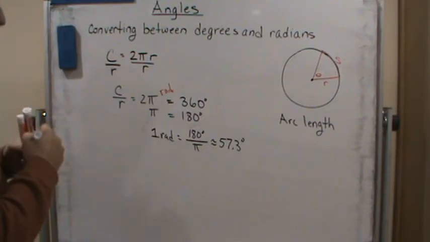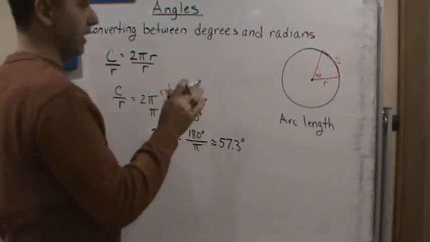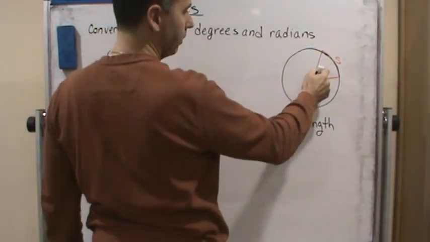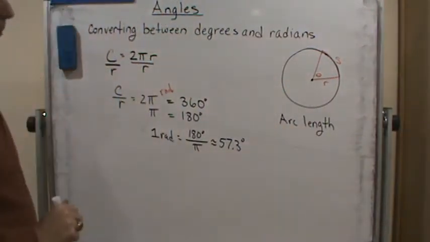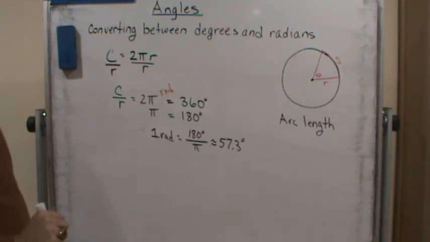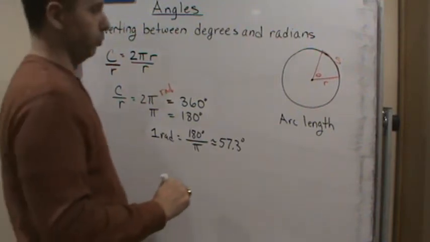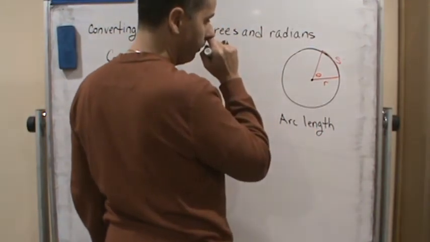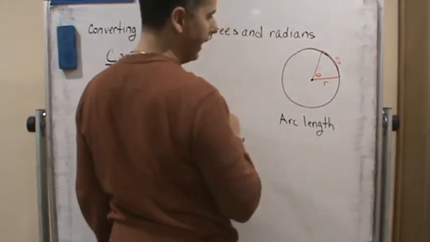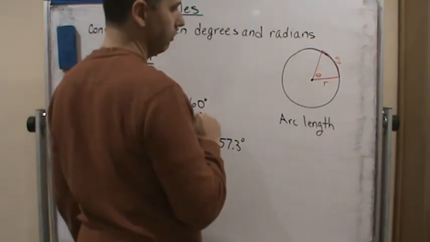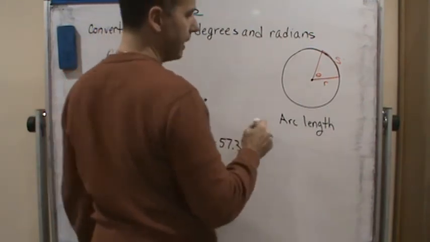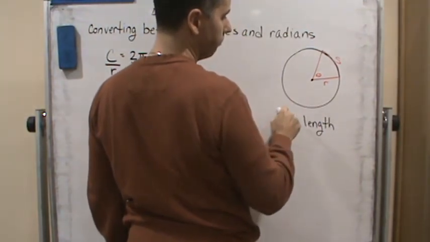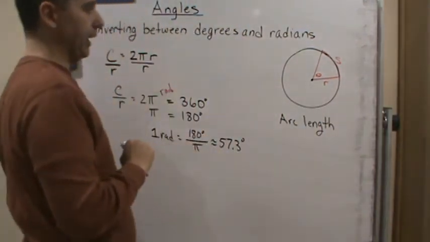Now, since the arc length is only dependent on theta, how do we find S? S depends on the central angle theta.